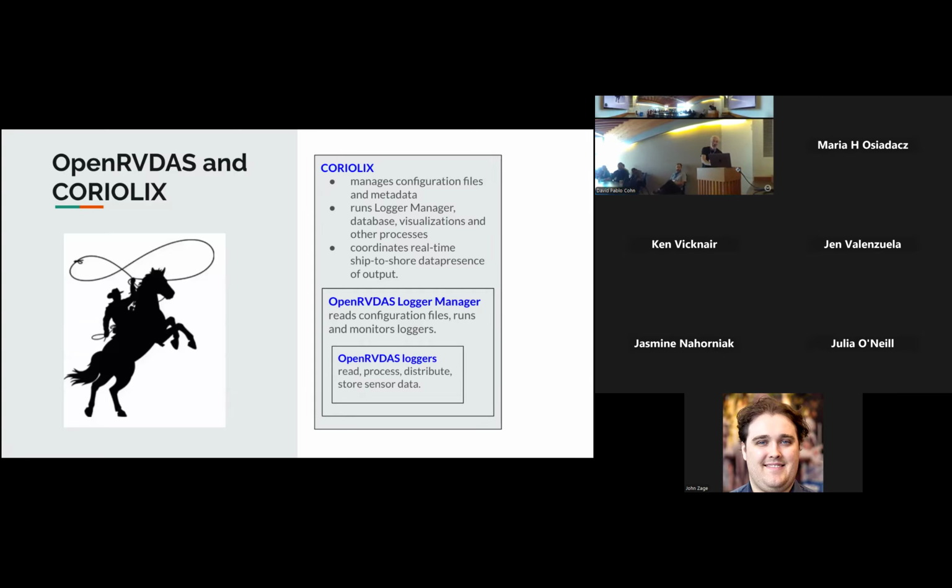The lousy metaphor that we've been dragging along for 3 years now: if you've got a bunch of cows or cowboy stuff you need to do, think of OpenRVDAS as the horse.